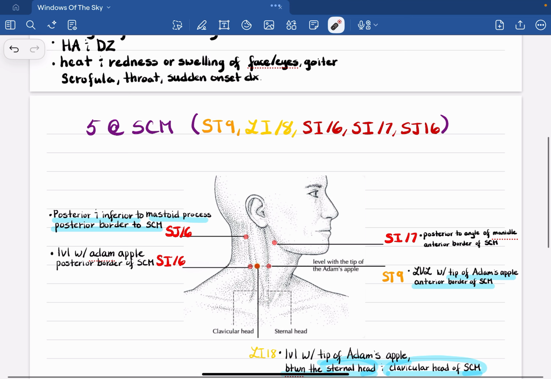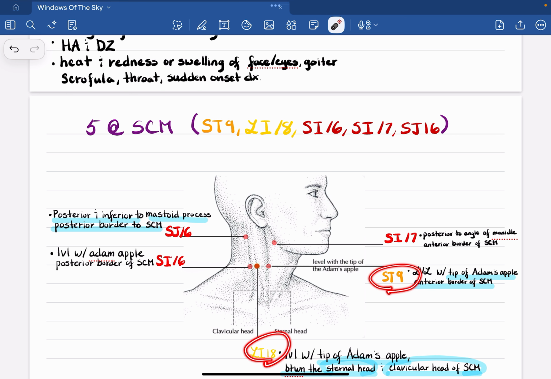The reason I tried to do SI 16 first was because I wanted you to know stomach 9, LI 18, and SI 16, because we learn the heart, and then we do SI, and then we do the water channels, and after that we do PC and then Sanjiao.